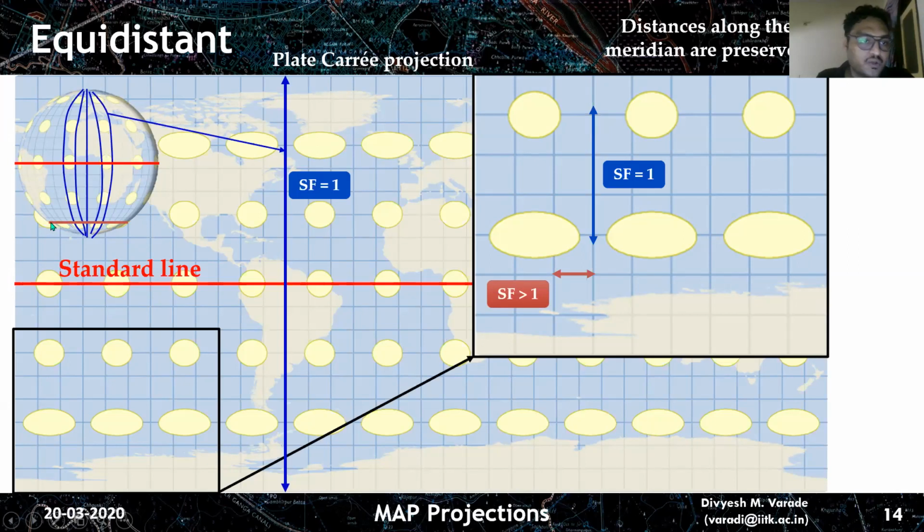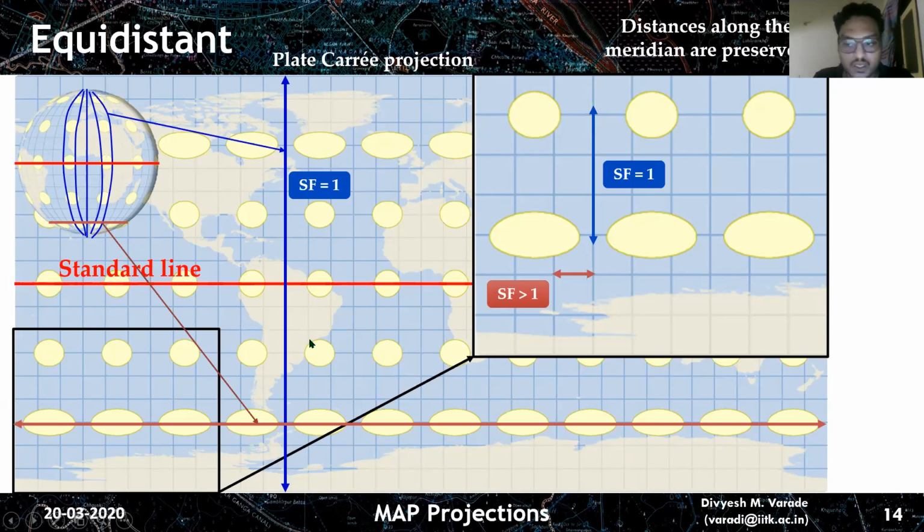But if we were to project this latitude on the map, you will see that it is also the same length as the standard line. This indicates that there will be distortion as we move away from the equator towards the poles.